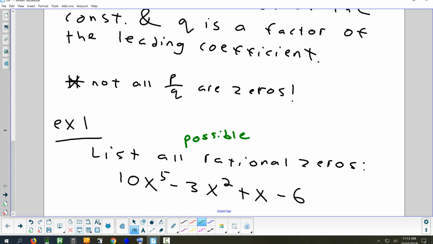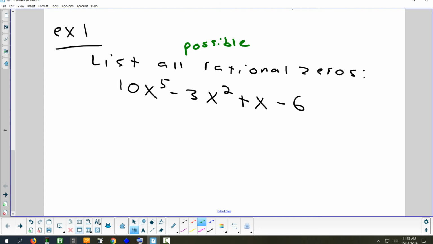Right, so the first thing we have to do is write down all the P's and Q's. What did I say earlier? P is a factor of the what? The constant. What's the constant here? -6. So I want to know, what are all the numbers that divide into -6? -2, -3, 2, 3.